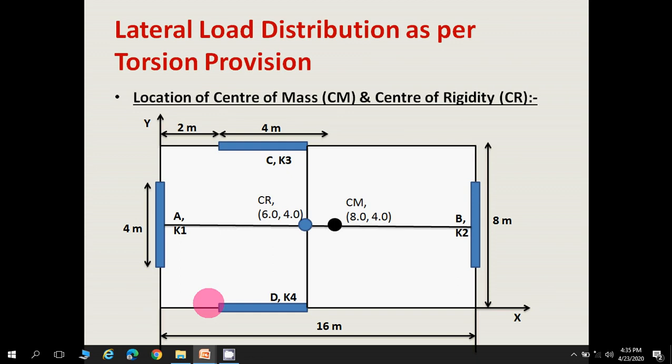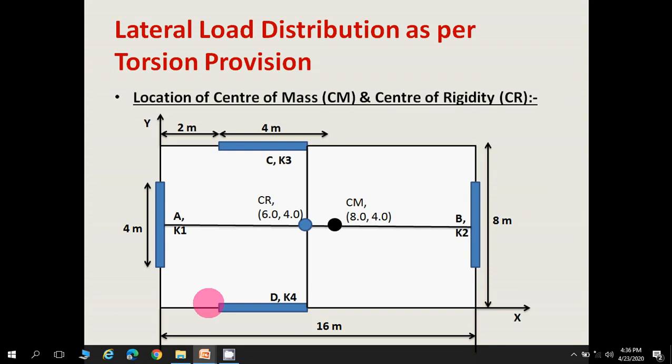As you can see in this floor plan, it has a symmetrical distribution of dead load, so the center of mass will be located at the center of the floor plan. Its length in the x direction is 16 meters and in the y direction is 8 meters. So the center of mass lies at 8.0 meters in the x direction and 4.0 meters in the y direction.